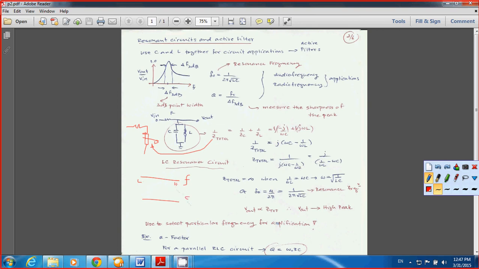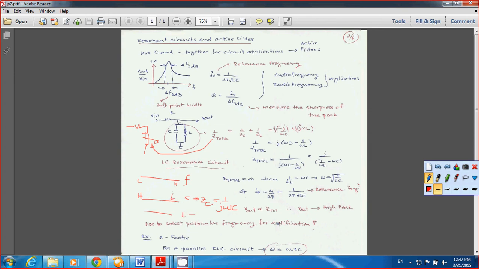For your C, we're talking about the impedance, or Z of C, because Z of C is 1 over j omega C. When you have low frequency, the capacitor impedance becomes high, correct? And what about the high frequency? The impedance of the capacitor becomes low.